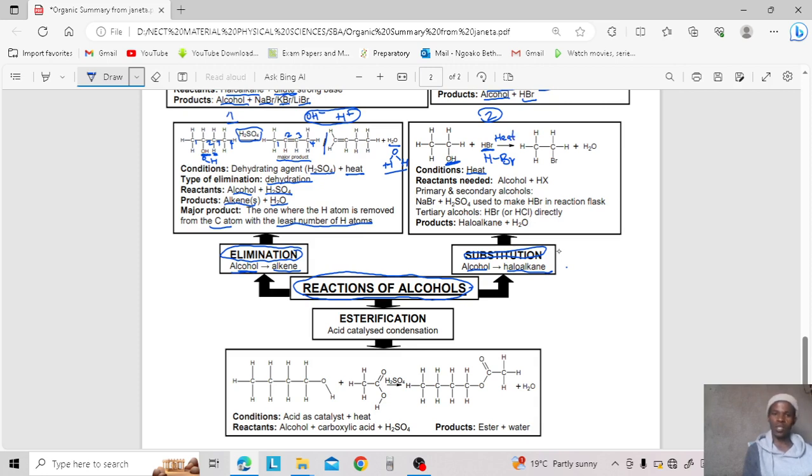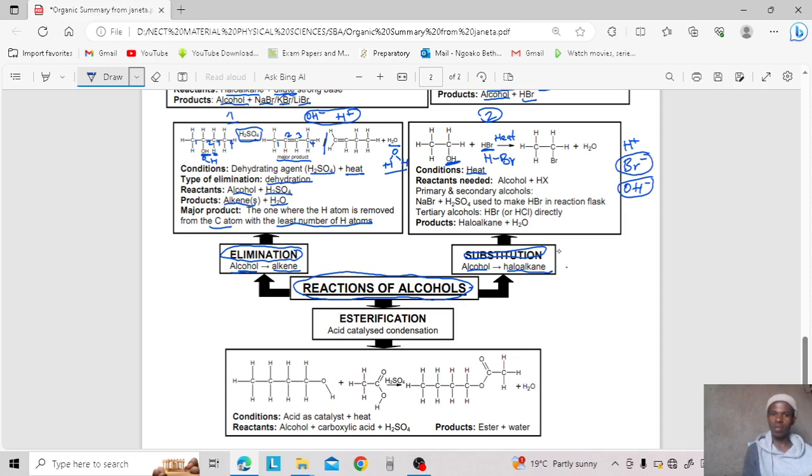I mean, because we're saying substitution, hydrogen is positive, then bromine is negative. Meaning that in substitution, OH minus is negative, one negative would change for the other negative.